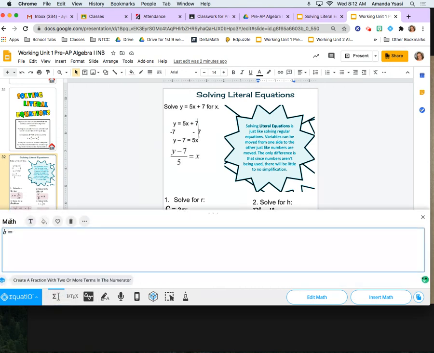B equals, so do parentheses 2A divided by H. And then you can go back and delete the parentheses.